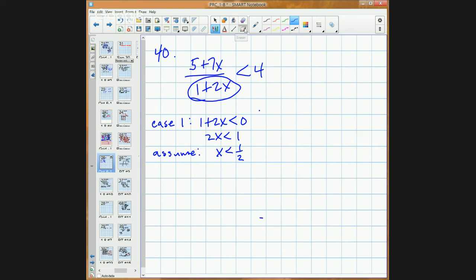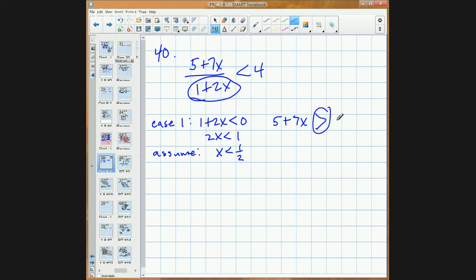All right. So now let's do the algebra. Multiply both sides by 1 plus 2x. And because we're assuming it's negative, what must I do with this big old less than thing here? I got to reverse it. So on the left side, when you multiply by 1 plus 2x, the denominator will be gone. Notice I reverse this.